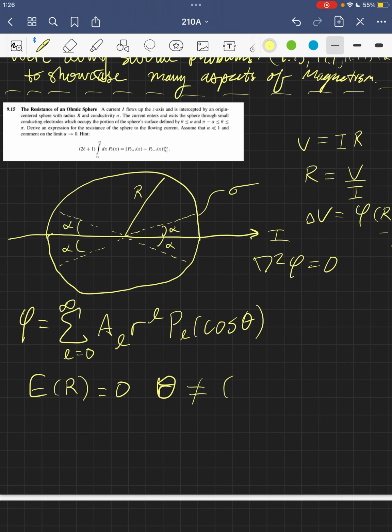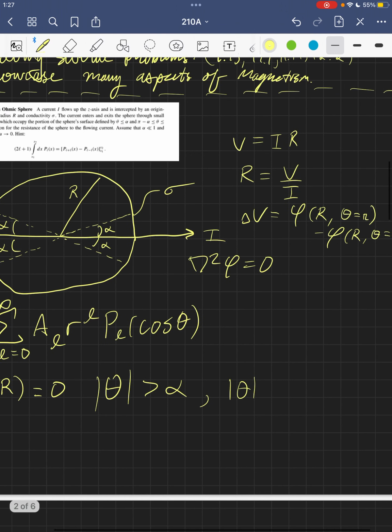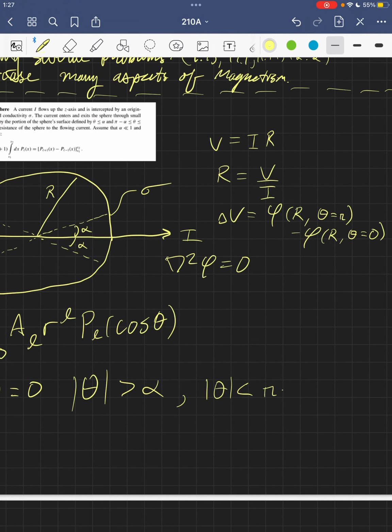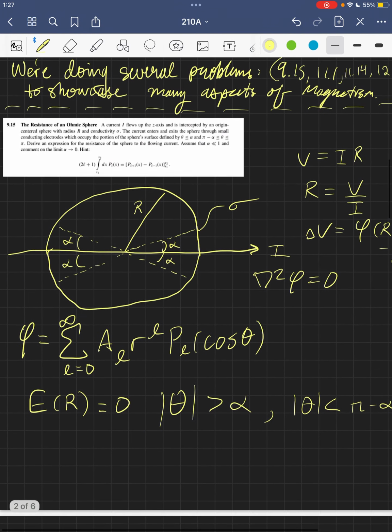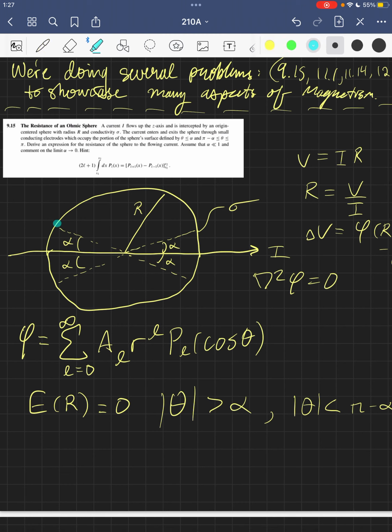Let's say when the absolute value of theta is greater than alpha, but the absolute value of theta is less than pi minus alpha. Okay, so basically, if we were going to highlight what region that is, this whole region here, this whole region here, there is no electric field. Okay, but we should have an electric field coming through there because there's a current.